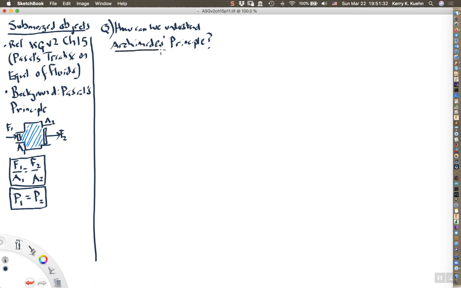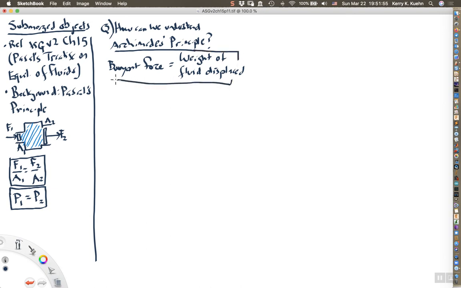And when we came across Archimedes' principle, we found that the buoyant force exerted on a submerged object was equal to the weight of the fluid that is displaced by the submerged object. That is Archimedes' principle, that the buoyant force is equal to the weight of the displaced fluid.